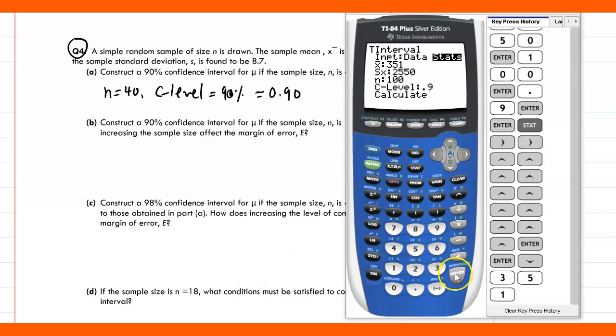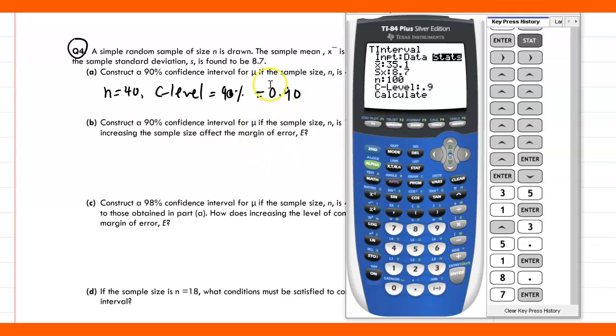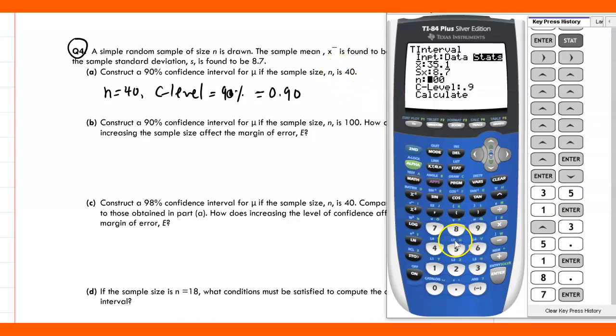The Sx is the same as s, the standard deviation, 8.7, and the sample size here is 40. Put 40 here, and put the confidence level as a decimal, which is 0.90.